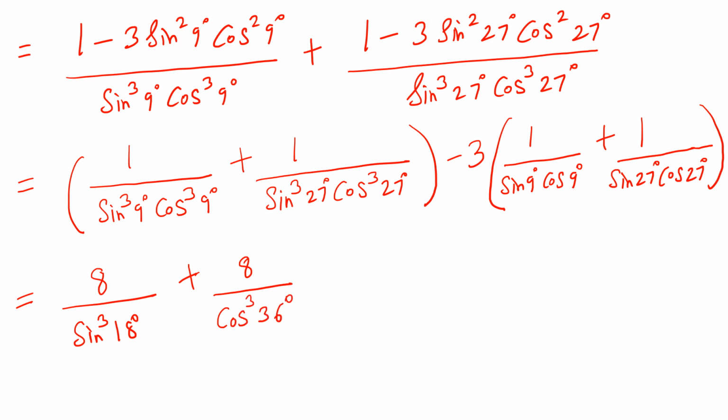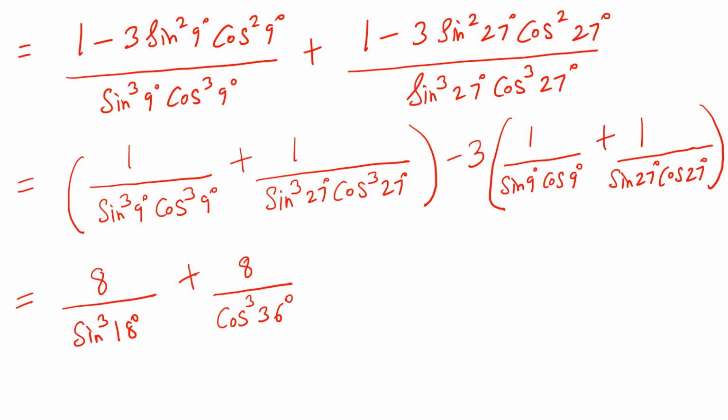Now students, why have I converted this value into cos 36 degree? Because I directly know the value of cos 36 degree as (root 5 plus 1) divided upon 4. And we also know the value of sine 18 degree as (root 5 minus 1) divided upon 4. So we will directly substitute these values in this expression.